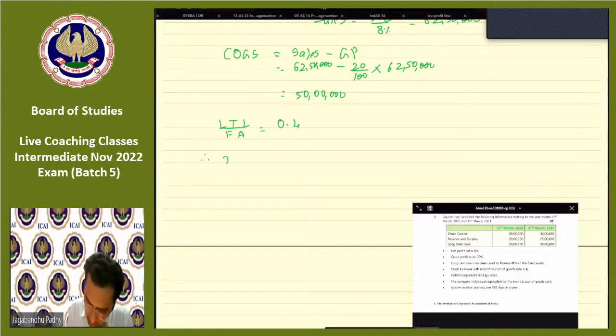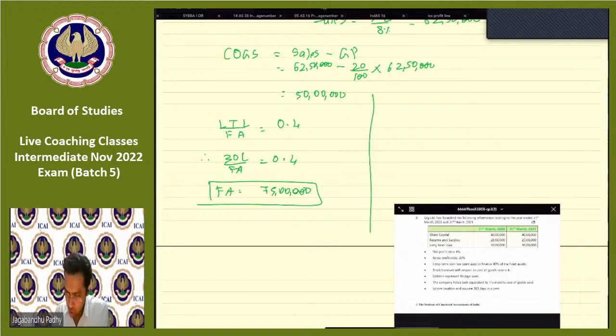Long-term loan we know is 30 lakh as given in the question, on fixed asset is 0.4. So fixed asset is 30 lakh divided by 0.4, which translates to 75 lakh.